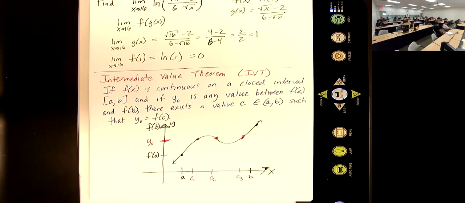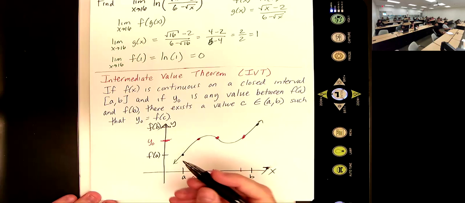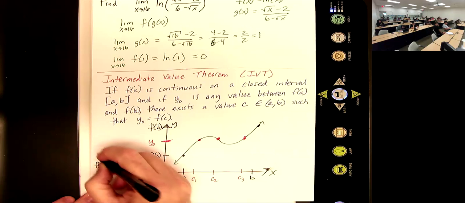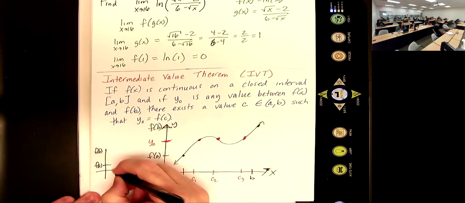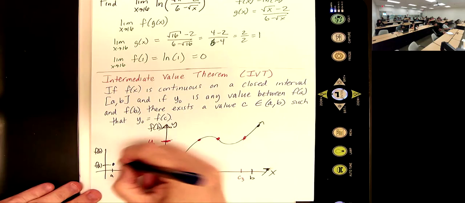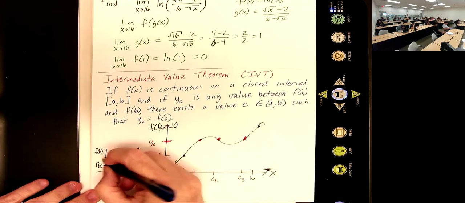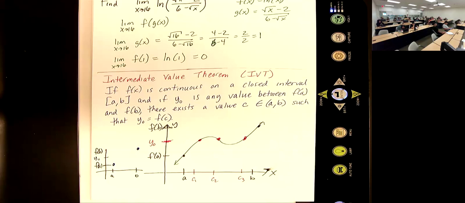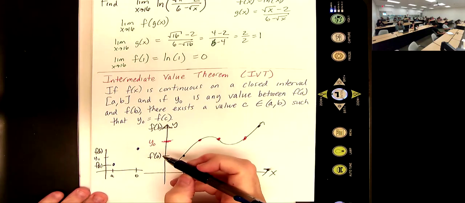Now, even without seeing the graph. If I say f of A and f of B. A, B. And I have a point here and a point here, and a y naught here. F is continuous, right? That was the requirement, f of x is continuous, which means I can't lift my pen up if I connect the dots. Unless there's some weird domain thing.